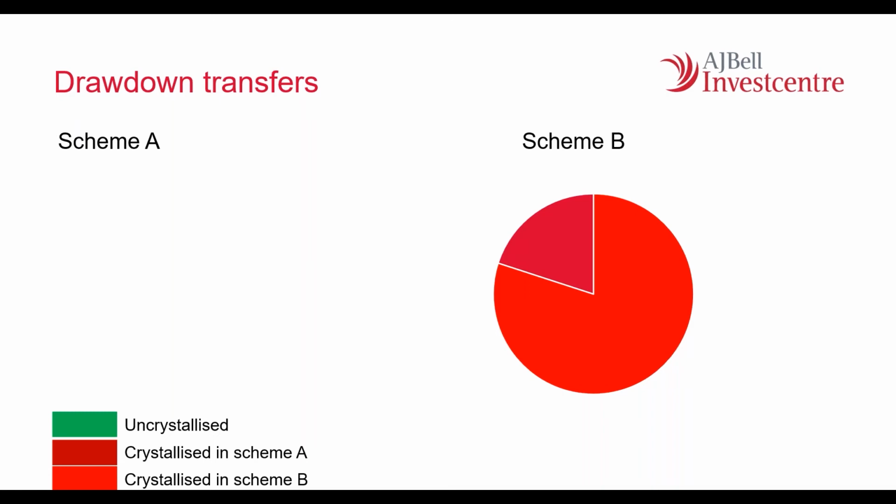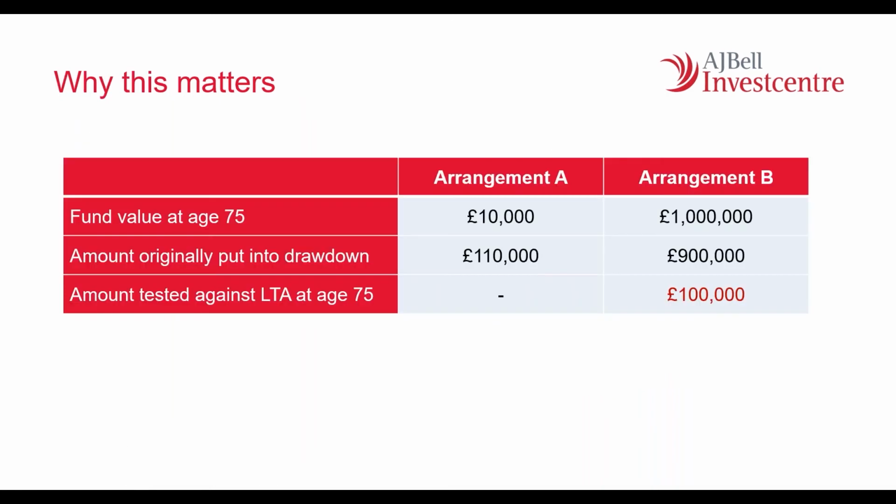The other point is for people that have lifetime allowance issues, because at age 75, anything that's still in drawdown on the 75th birthday gets tested again against the lifetime allowance, and each arrangement gets tested separately. So you don't want to have surplus funds in one and then a deficit in the other for the lifetime allowance test, which hopefully will make more sense on the next slide if I explain that.